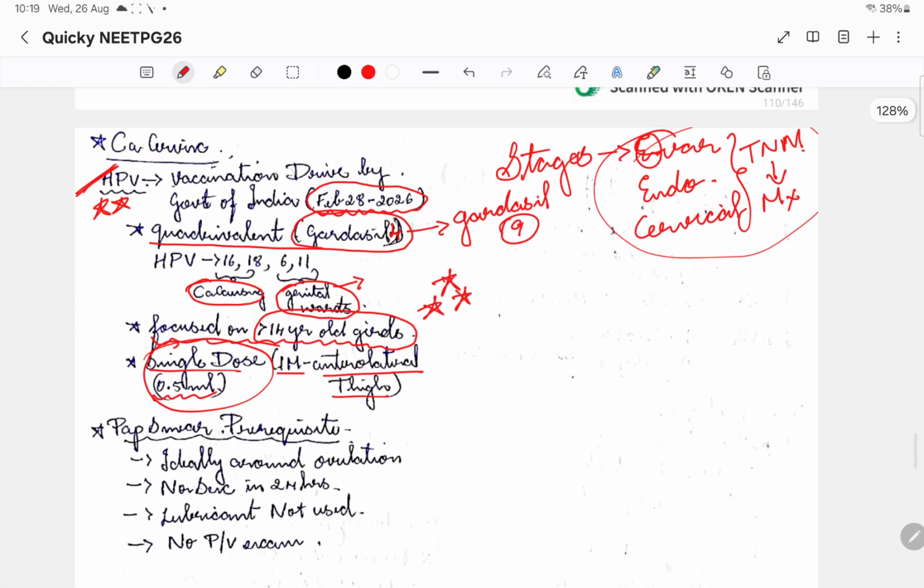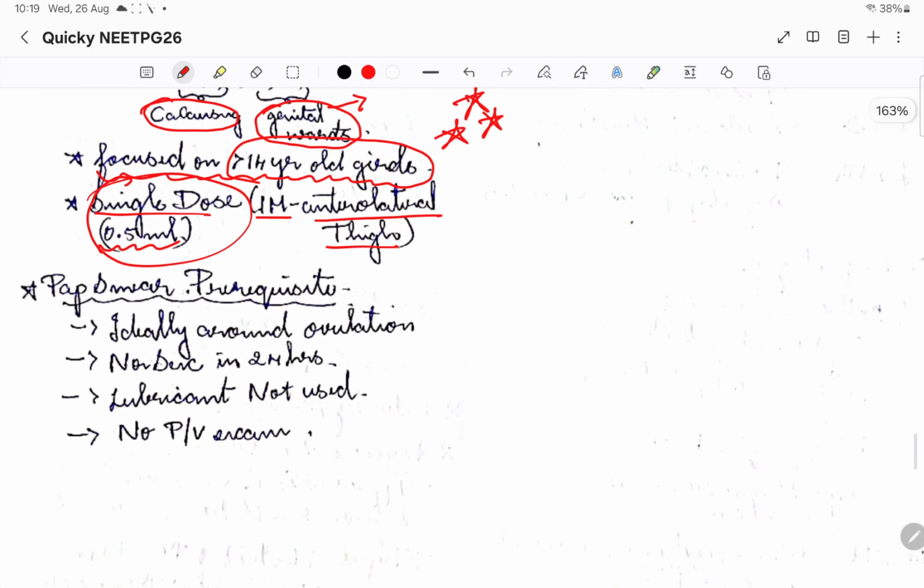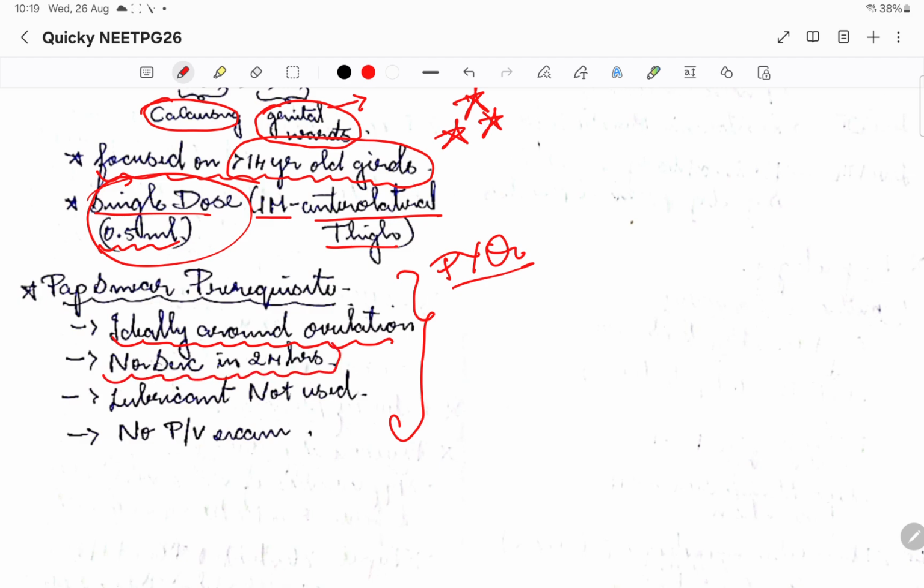Then coming to another approach for carcinoma of cervix, that is the pap smear that we do, right? I want you to know the prerequisites for the pap smear. This is a previous year question, that is why I want to teach you. Ideally, the pap smear is done around ovulation. No sex for 24 hours before the procedure.